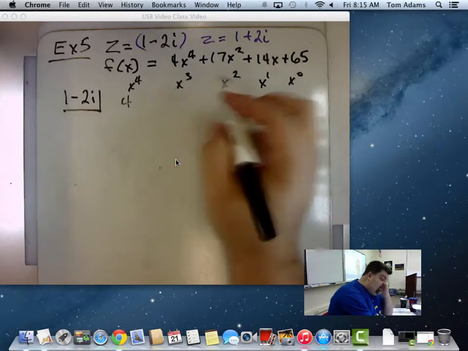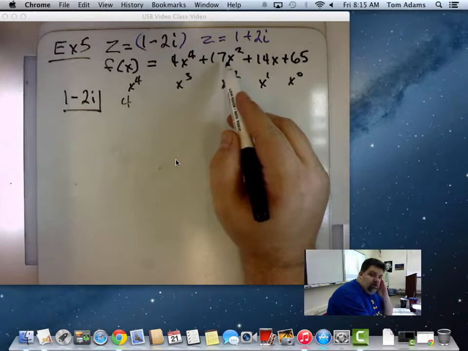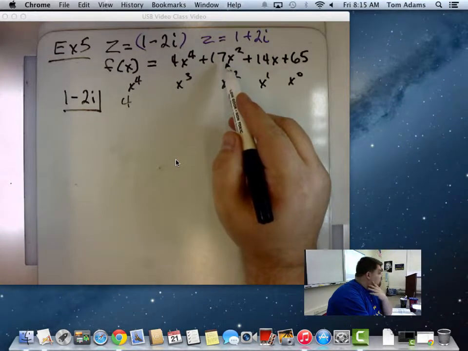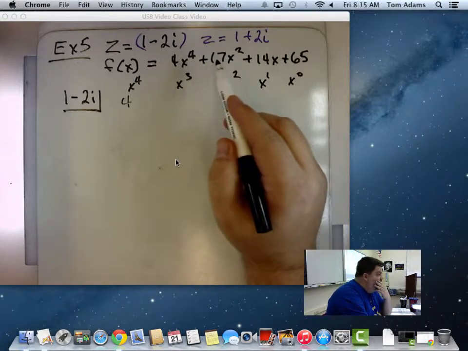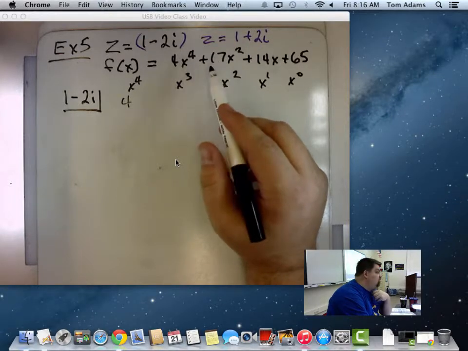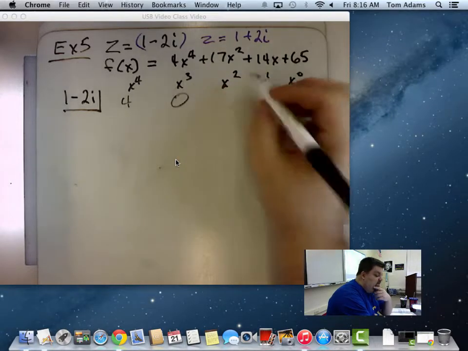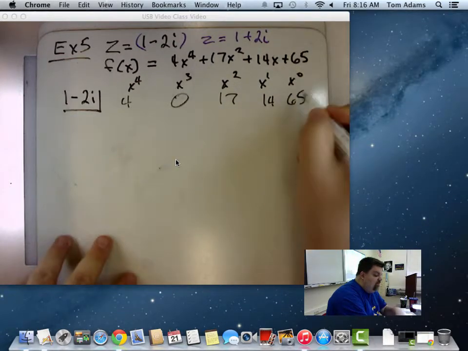Well, I have 4x to the 4th. Oh, wait a minute. I don't have an x cubed term. What's a number that represents don't have? 0. So I just put a 0 here. And then this becomes 17, this becomes 14, and this becomes 65.